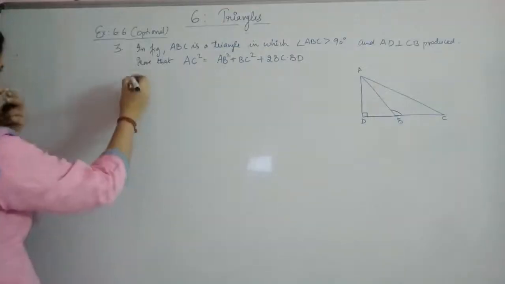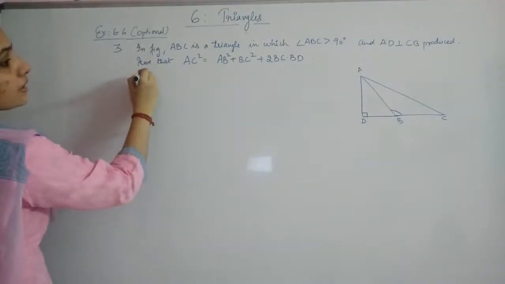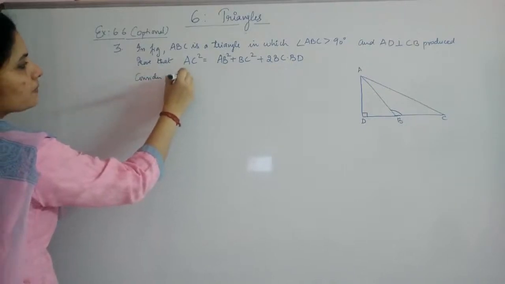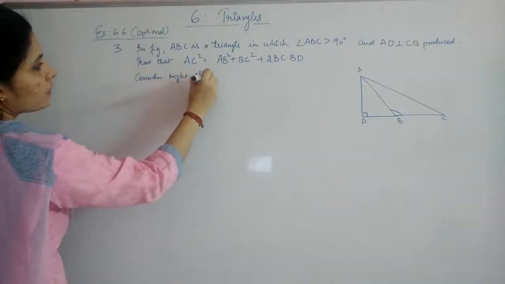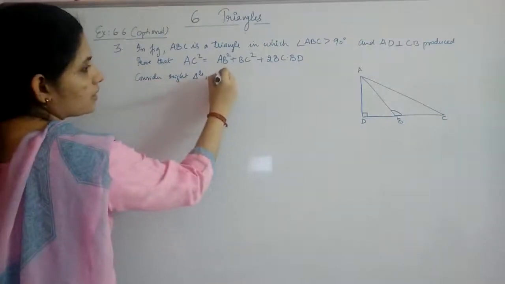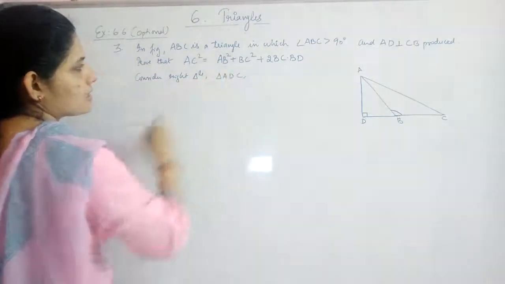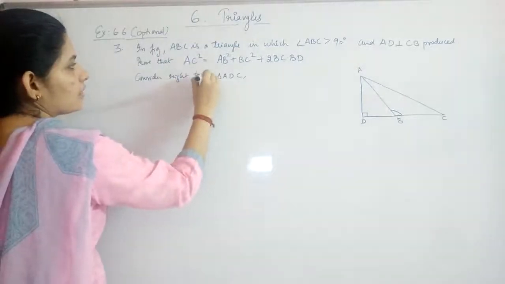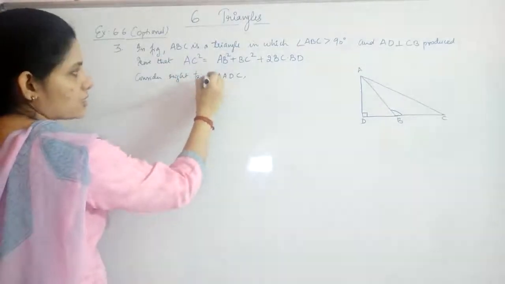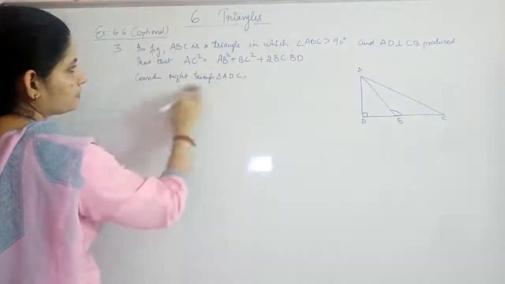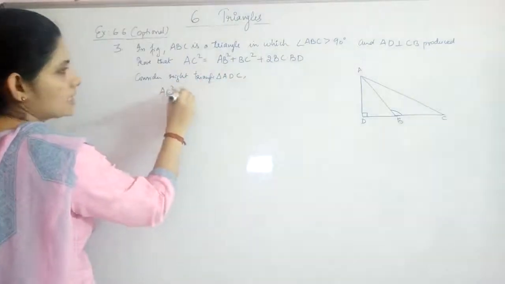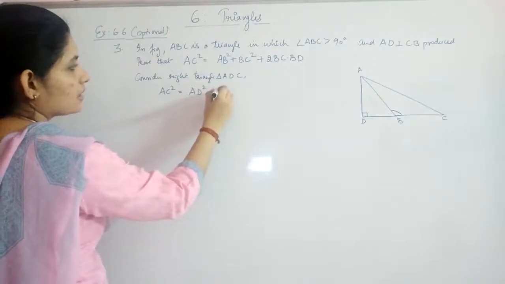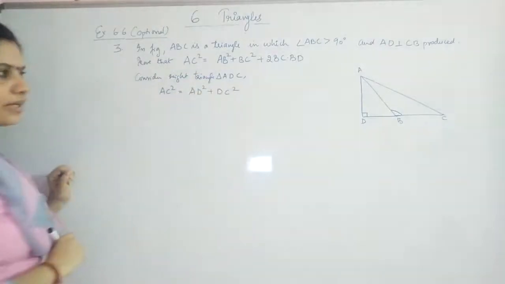So first we are just taking, consider right triangle, which is that triangle ADC. And for this right triangle, what you will get is AC square is equal to AD square plus DC square.